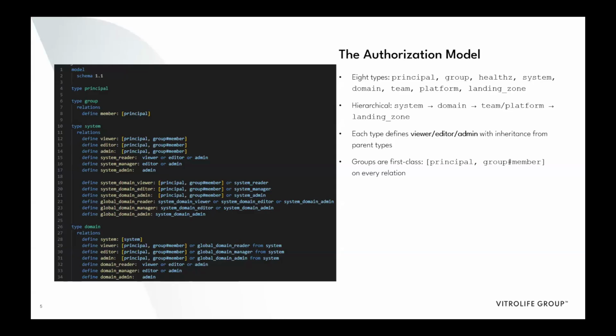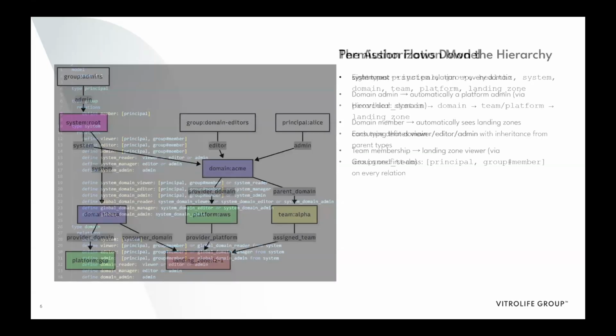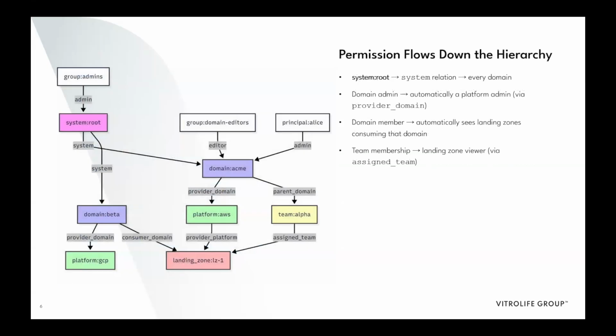As this is an OpenFGA call, I won't go super deep into the actual authorization model, because I guess you all know more than me about this. So I will continue. But permissions flow down the hierarchy.